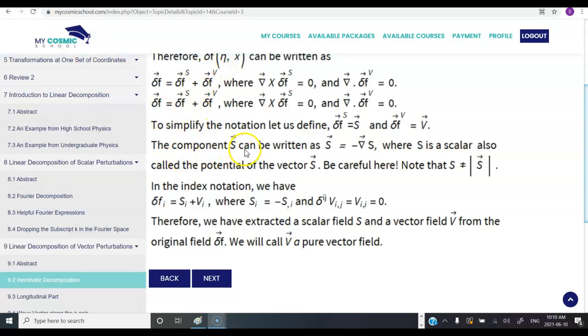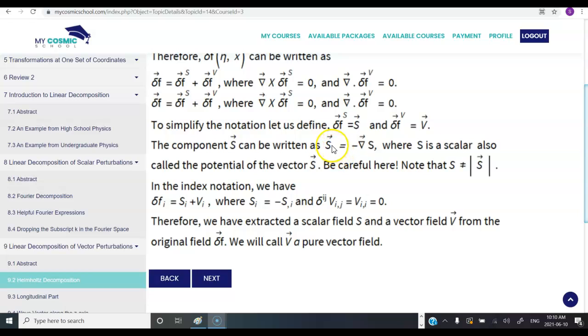Next, the component s can be written as vector s is equal to minus del s. So we are writing this as the negative gradient of a scalar s, where this scalar s is called the potential of the vector s.